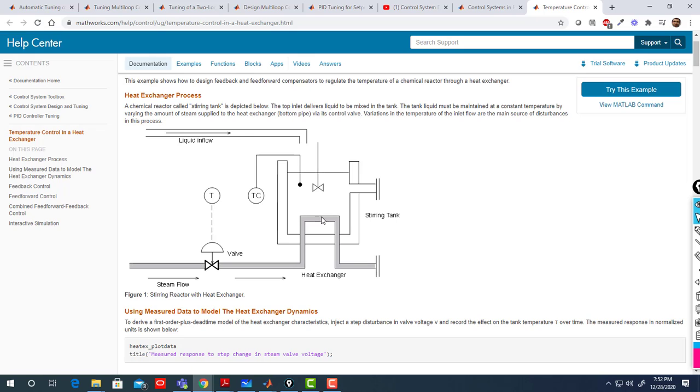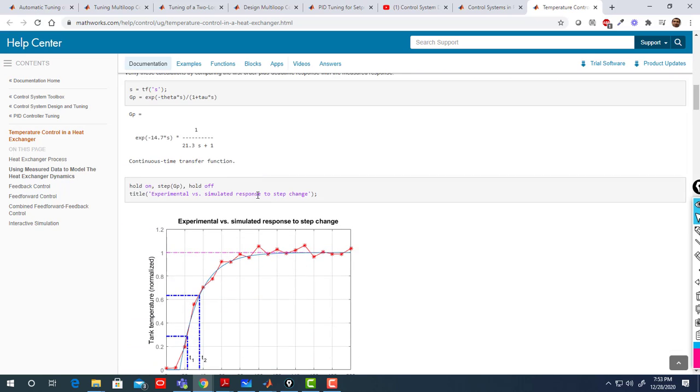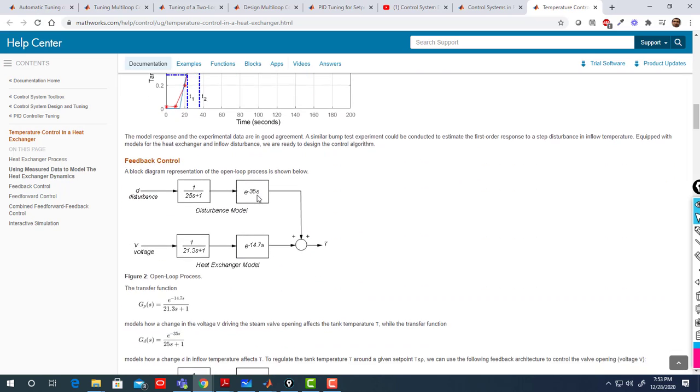Here you measure also the temperature, how it changed, just one input and one output, so you can get the disturbance model as well. Here they get the disturbance model, reflected by this delay and this first order transfer function, and here the heat exchanger model by this first order with delay transfer function. So this is basically my system.